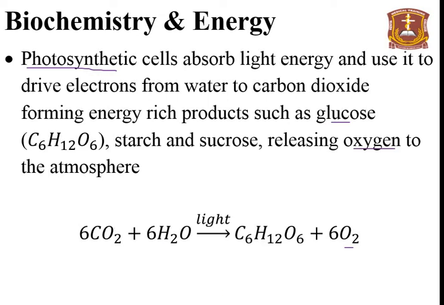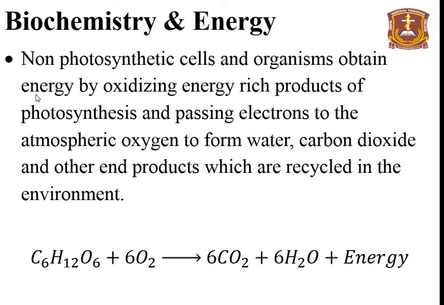Now, if you go to the non-photosynthetic case, cells and organisms obtain energy by oxidizing energy-rich products of photosynthesis, passing electrons to atmospheric oxygen to form what? Water. So you see water is a product here, and energy is produced.